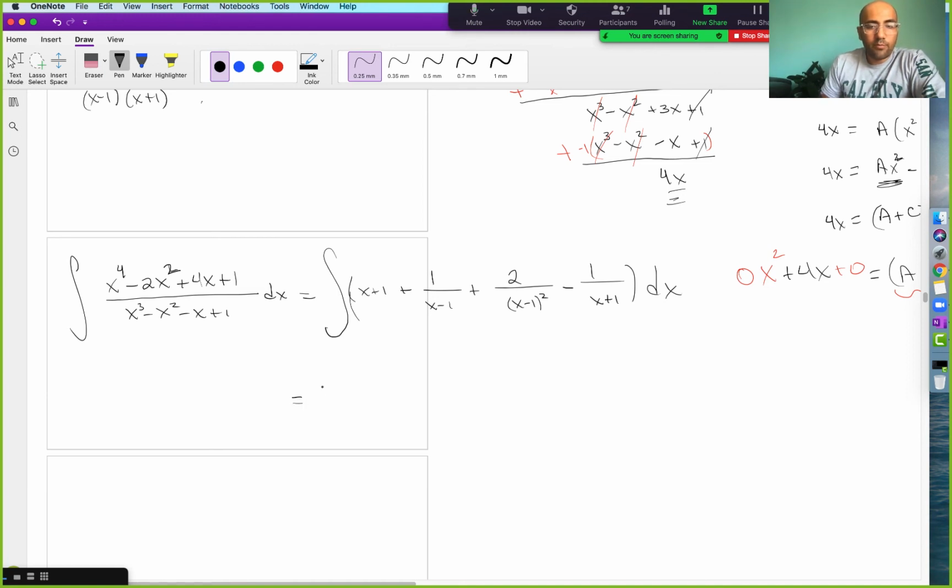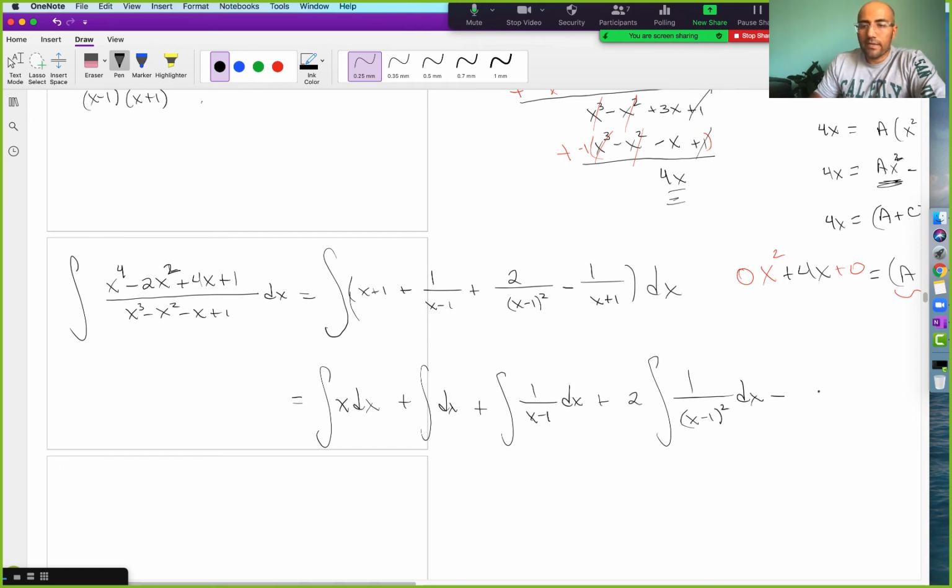This is then going to be broken out into the integral of x dx, that's easy, plus the integral of just dx, that's easy, plus the integral of 1 over x minus 1 dx, that's easy, plus 2 integral of 1 over x minus 1 squared dx, minus the integral of 1 over x plus 1 dx.